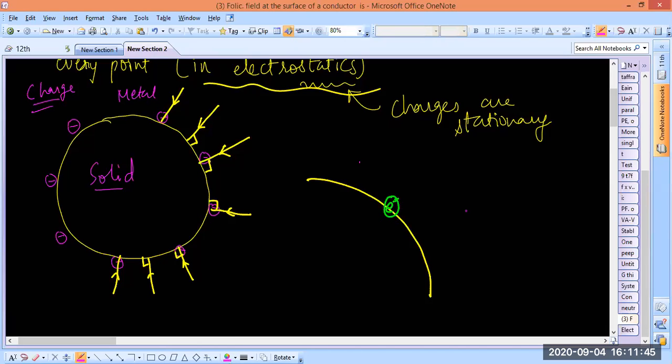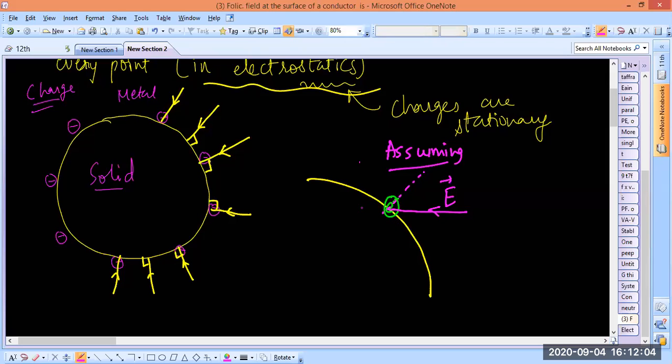Let's say it's at an angle like this. This diagram is showing what we are assuming: that here the electric field is not perpendicular to the surface, but it's like this.